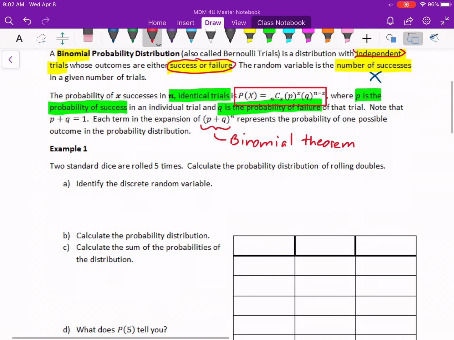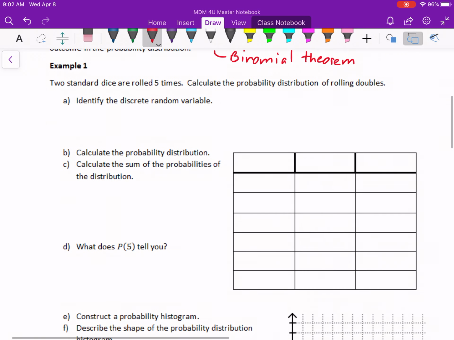All right, so again, it's not hard to use once we get familiar with all the different variables. So let's see how it works out. Two standard dice are rolled 5 times. Calculate the probability distribution of rolling doubles. All right, so first off, as I read this, 5 jumps out at me.